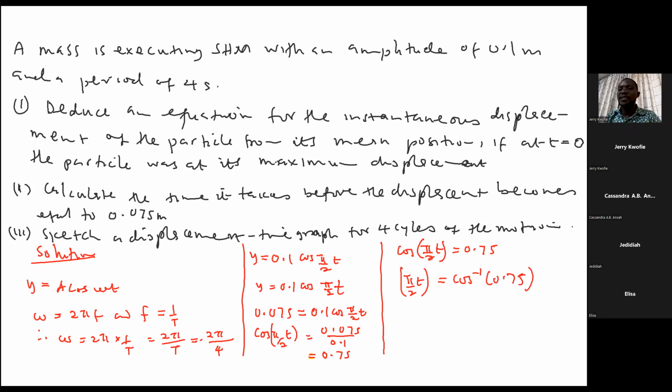Don't forget that in the displacement equation, the angle in the trigonometric function is in radians, and so we will have to program the calculator to give the angle in radians. All right, what is the cos inverse of 0.75?